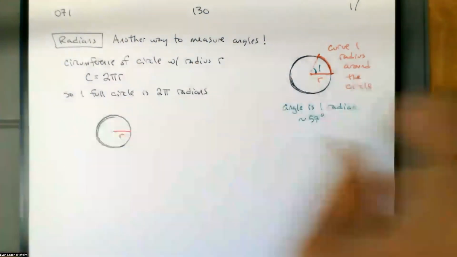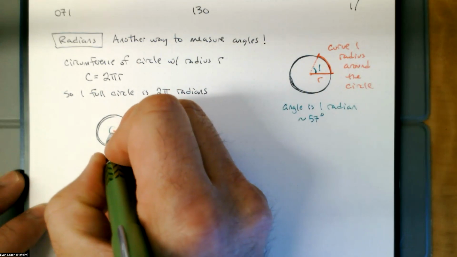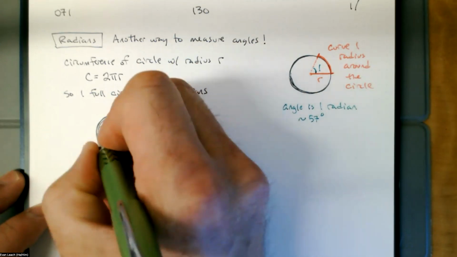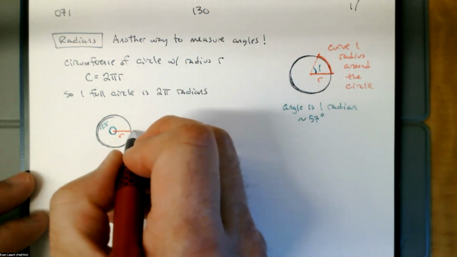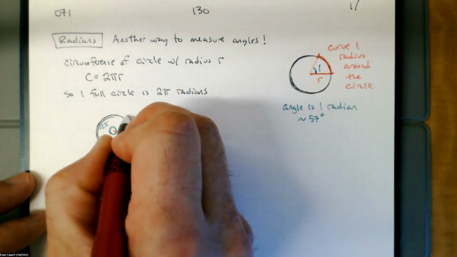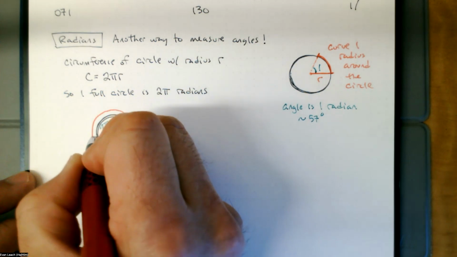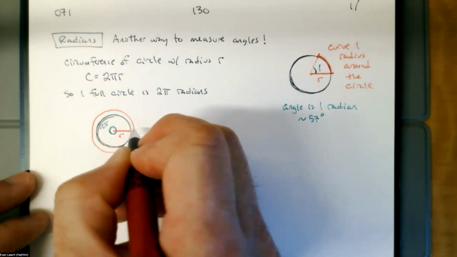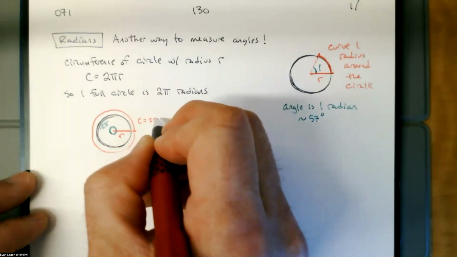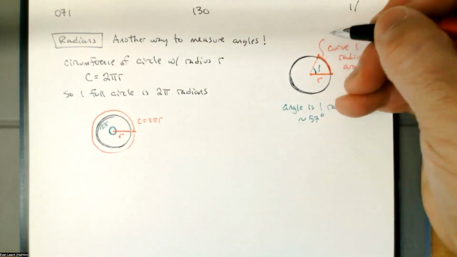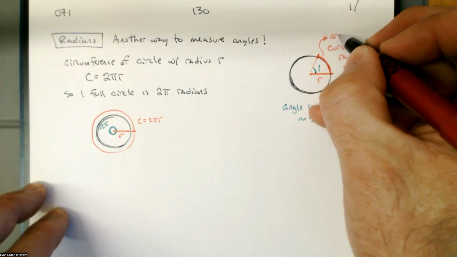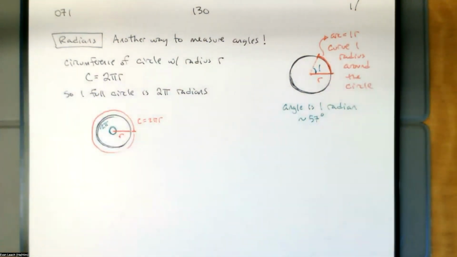With an arc of 1 r, we have an angle of 1 radian. So if our arc is 2 pi r, our angle is 2 pi radians.